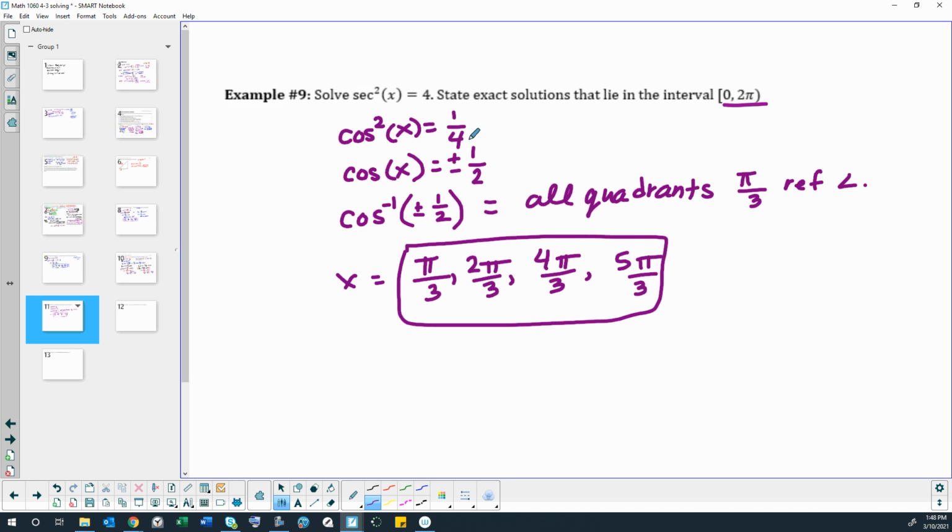It's a very common mistake with a problem like this to forget that plus or minus part and think, oh, it's just positive 1/2, so it's just pi thirds and 5 pi thirds in quadrant 4. It's very easy to forget the others if you forget to do that plus or minus when you take a square root. So just a note here: square rooting both sides means we have to do plus or minus on our answer.